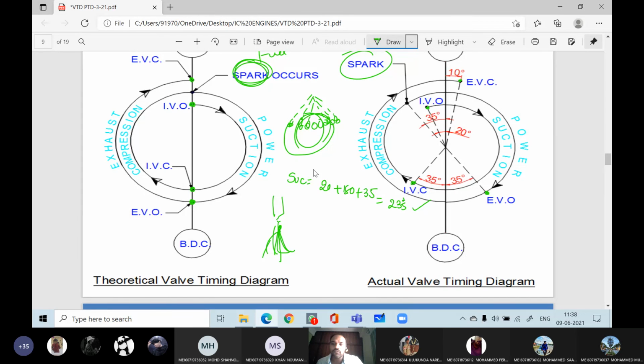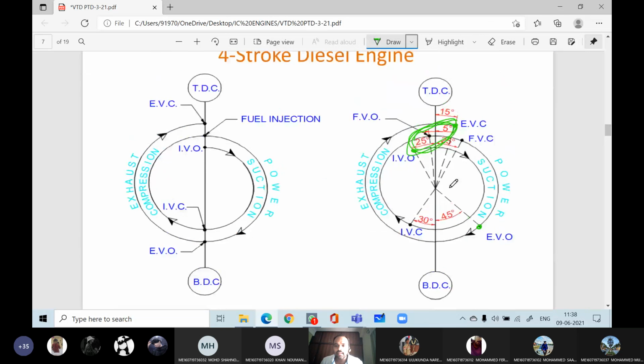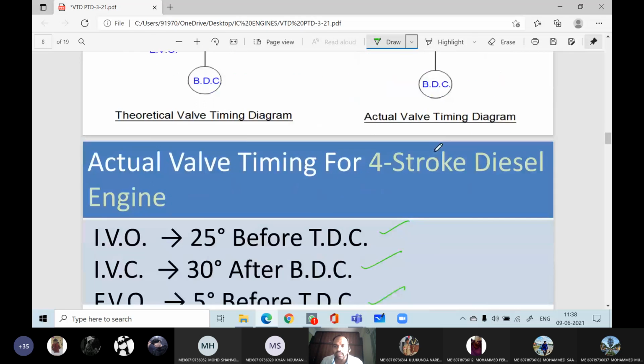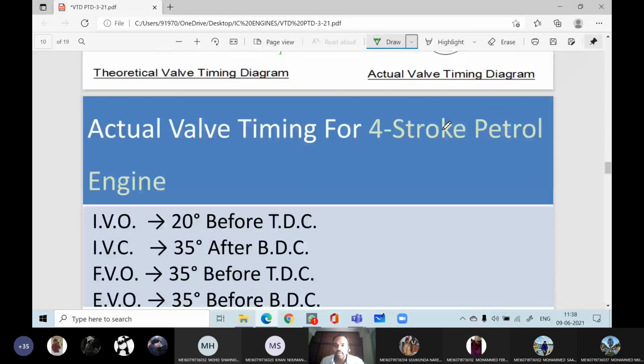But now tell me, what is the total valve overlap over here? 30 degrees, sir. Yes, 20 degrees before TDC and 10 degrees after, so the total valve overlap is 30 degrees. Here also the same 30 degrees.